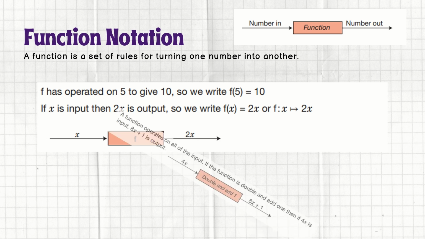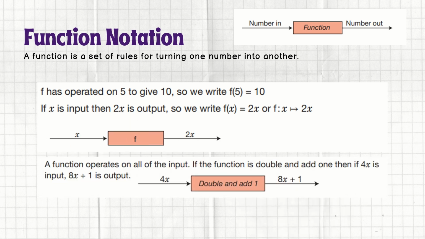Okay, next. A function operates on all of the input. If the function is double and add 1, then if 4x is input, 8x + 1 is output.